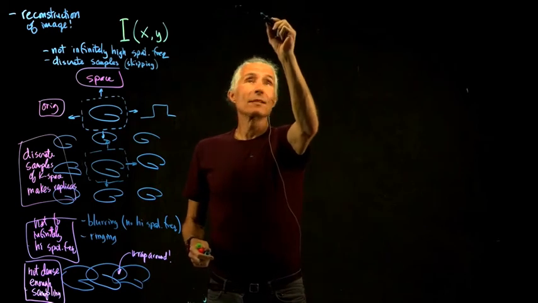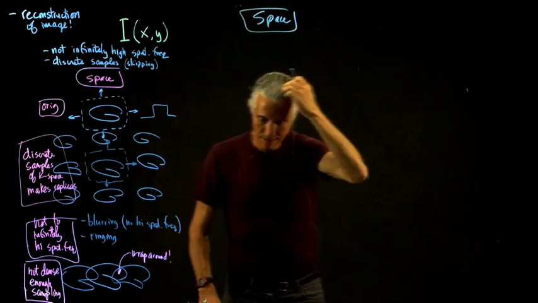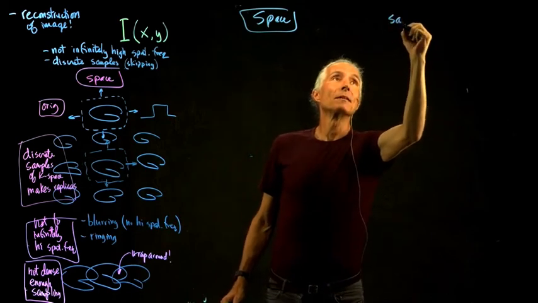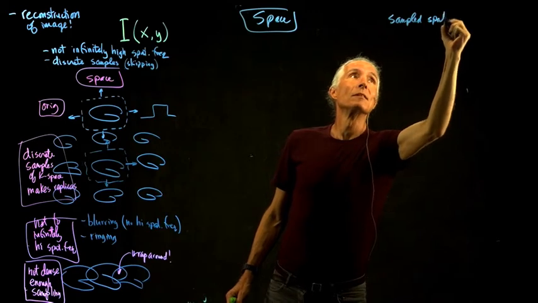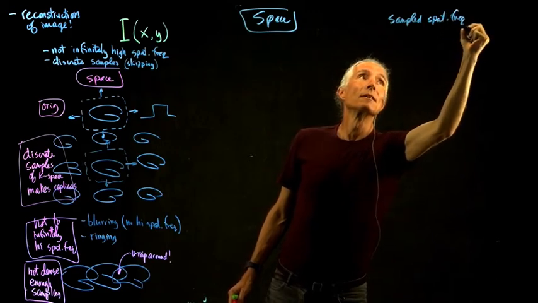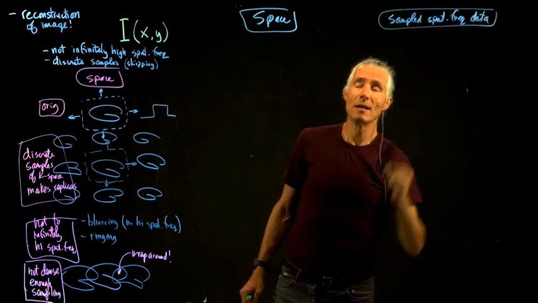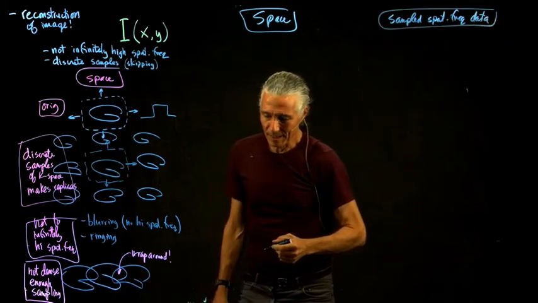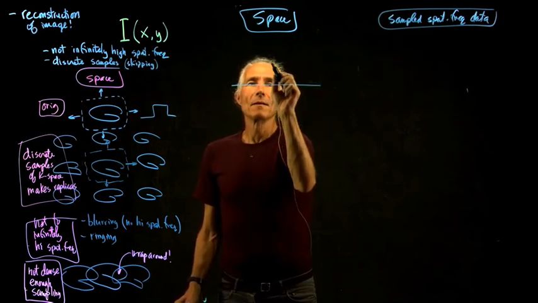So if we start off, this is the space side, and this is the sampled spatial frequency data side. So this is like the two k-space domains. So here's our brain.